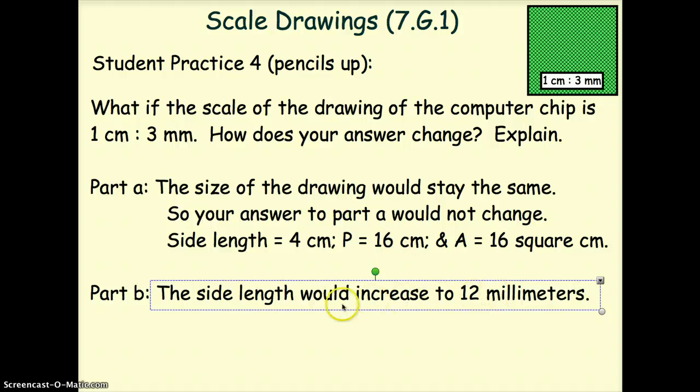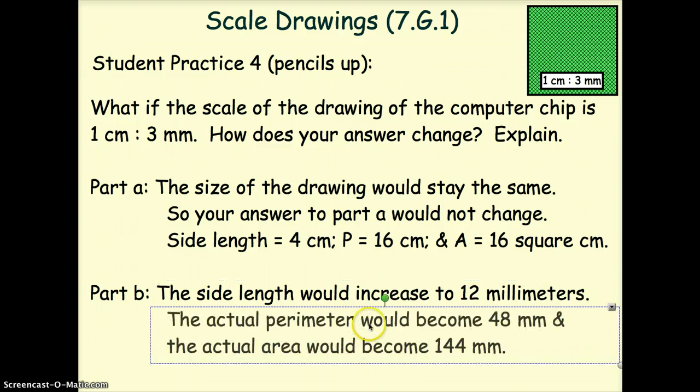Now that I have my new side length, I can find the perimeter and area. To find the perimeter, of course, we do 12 times 4, because there are 4 sides to the square. To find the area, we're going to do 12 squared, or 12 times 12. So my actual perimeter would become 48 millimeters, and the actual area would become 44 square millimeters.